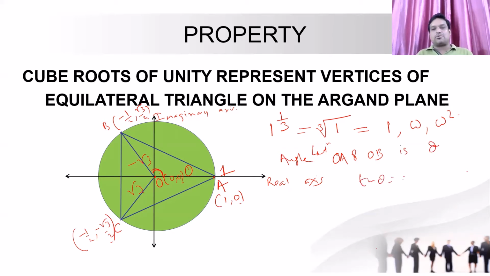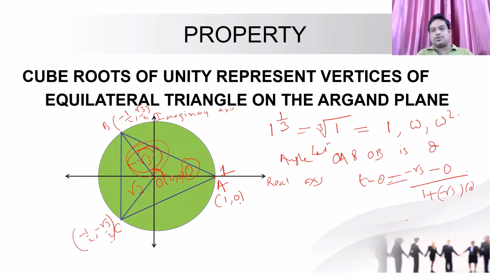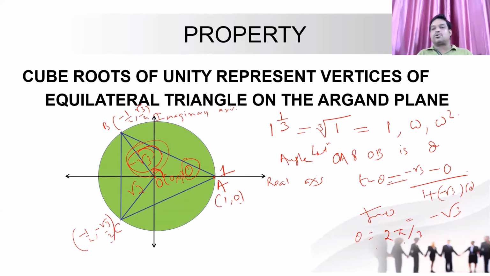So tan theta is equal to (M1 minus M2) divided by (1 plus M1 into M2). Taking M1 as minus root 3 and M2 as the OA slope, 0, the value is minus root 3. So tan theta equals minus root 3, which means theta equals 120 degrees, or 2 pi by 3.